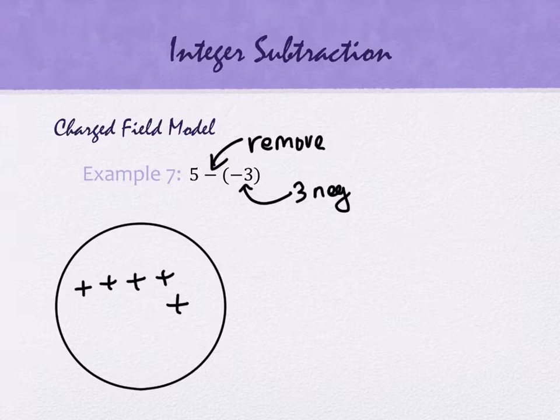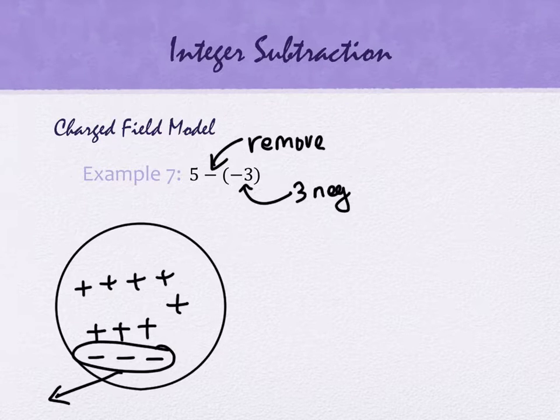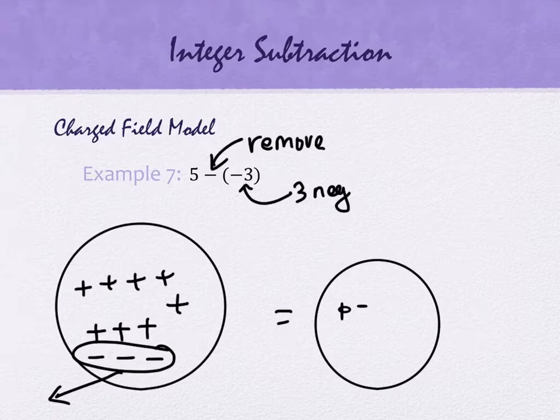But there are no negatives, so what would I have to do? Put in 0 pairs, so a plus and a minus. However many of them I do, I have to have that many pluses and that many minuses. And then I'm actually able to do what I just said, which is to remove the 3 negatives, which of course leaves us with 8 positives.